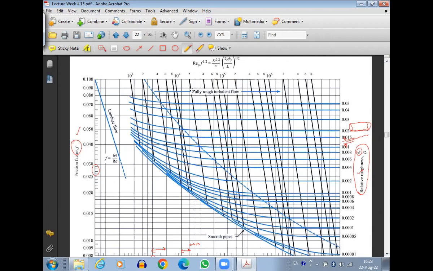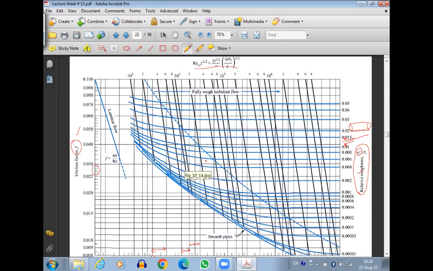If you look here, the dark black lines, which are slightly inclined, are the values of this term. So if we are able to figure out this term, then we can use these dark black lines to intercept. What we need to find is the friction factor. We can find the friction factor if we find a specific point on this graph, and corresponding to that we can find the friction factor.